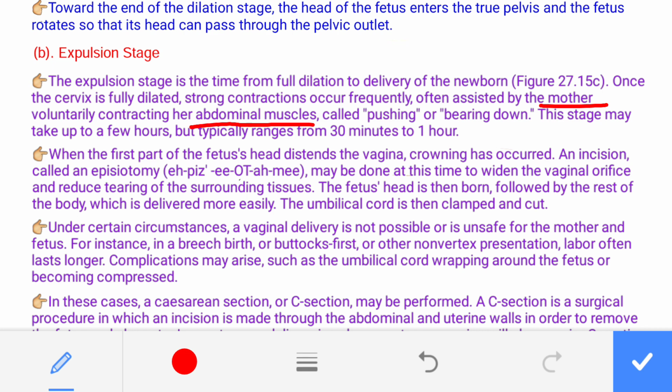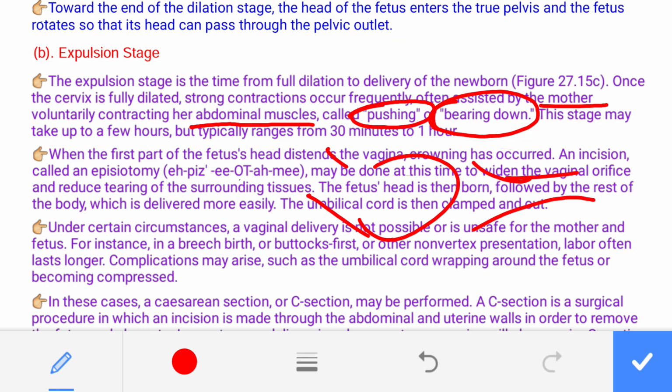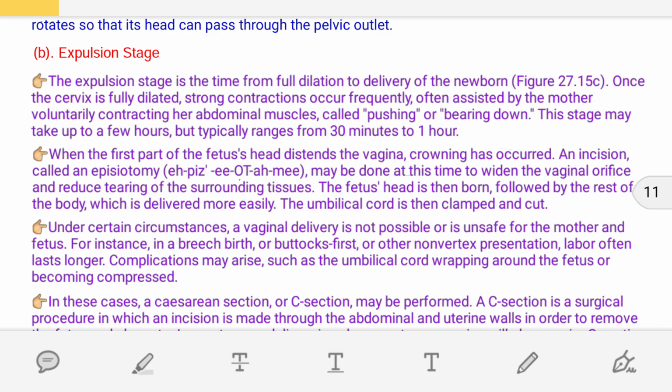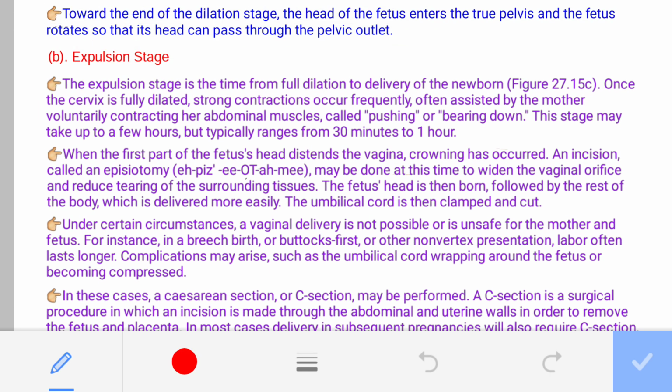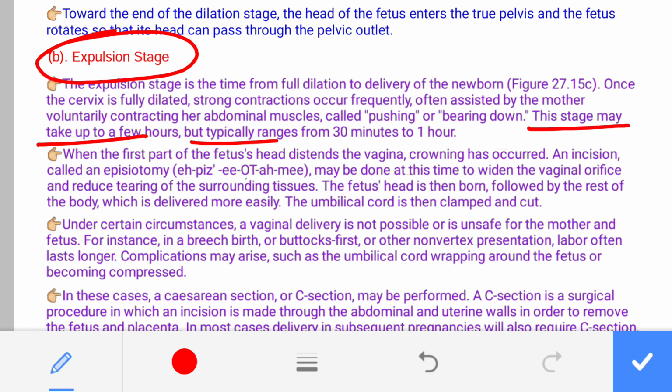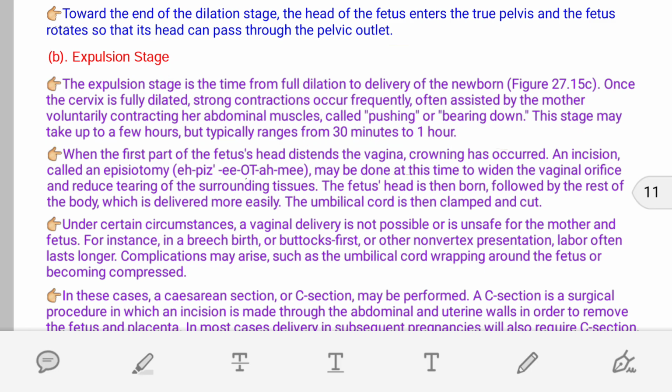So the mother is also increasing the pushing pressure on the baby's body. This is known as the pushing or the bearing down. So the head and the baby's body are entering into the vaginal passage. Now this exclusion stage takes a few hours, and typically the range is 30 minutes to 1 hour. So the exclusion stage will take a time of 30 minutes to 1 hour.